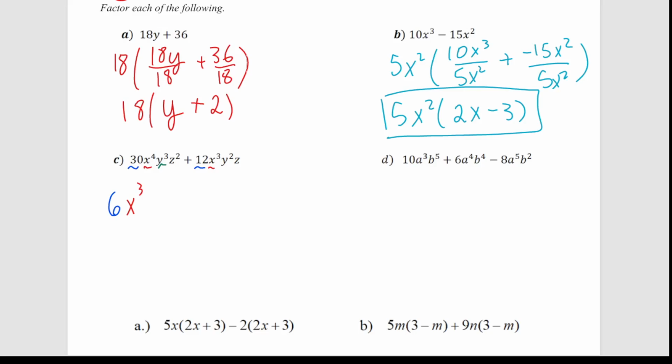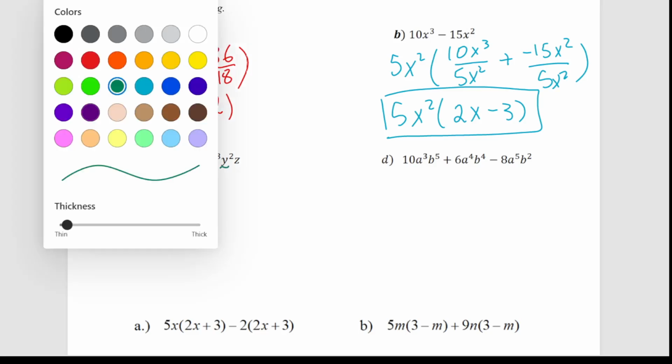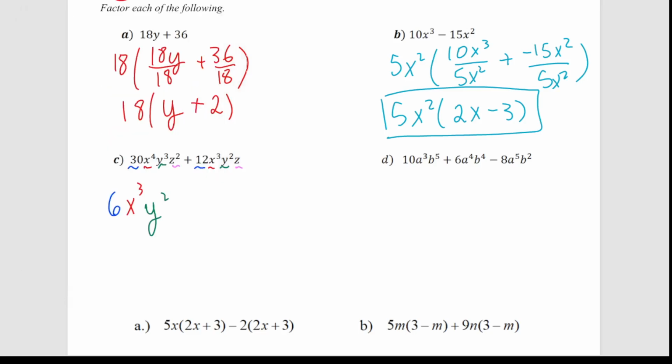Between y cubed and y squared, y squared would be their greatest common factor. And then between z squared and z, z would be their greatest common factor. And then what's going to be left? Well, we have to take each of these terms and divide it by what we just identified to be their greatest common factor.